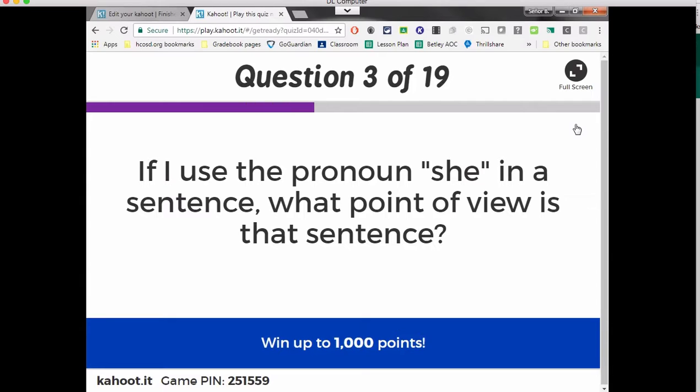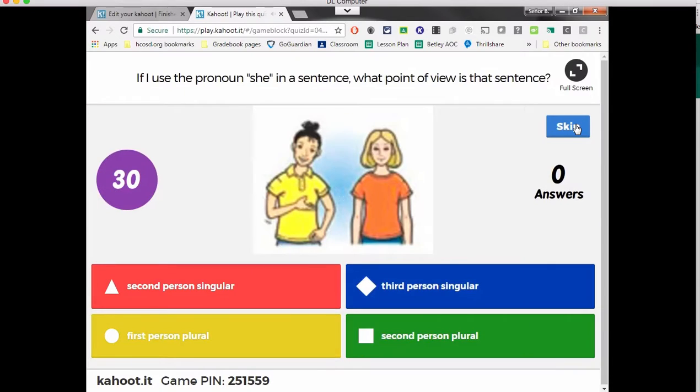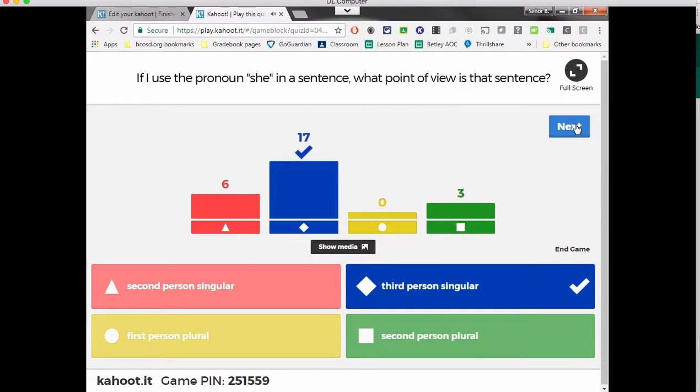What if we use the pronoun she? What point of view is that? Okay, that's a third person singular point of view.